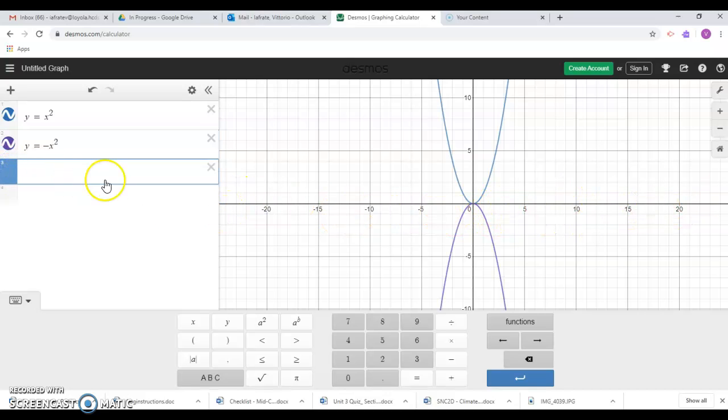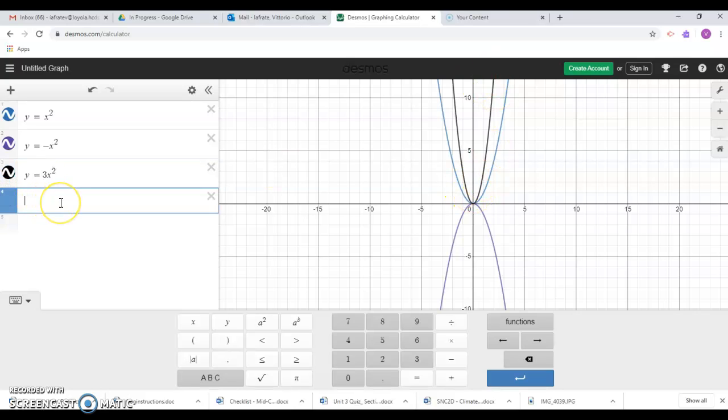Let's do another example here. Let's do y is equal to 3x squared, this one over here. Now if we also apply a reflection to it, negative 3x squared, you'll notice we get the reflection right over here.